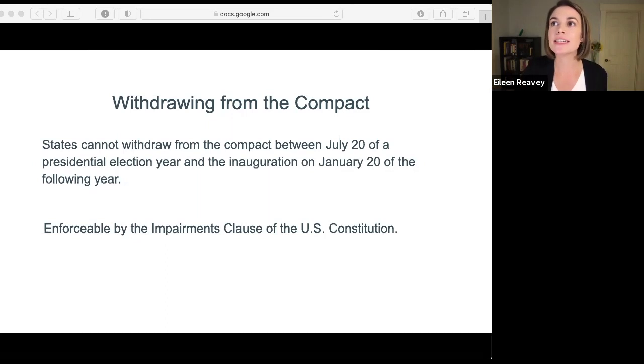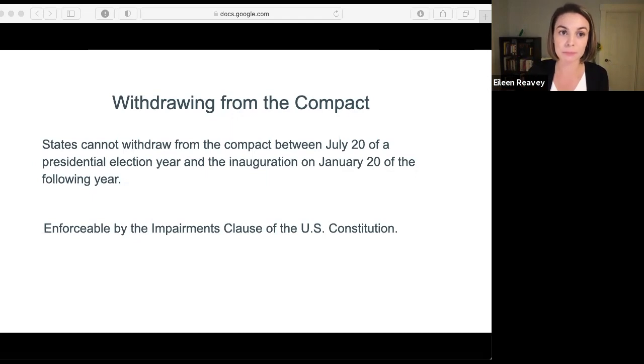And this isn't something that's enforced by me or National Popular Vote or even a secretary of state or a governor. It's enforced by the impairments clause of the US Constitution. And no state has ever in the history of our republic left an interstate compact without adhering to the terms of that compact. So it's not something that would really be a concern during that time period.